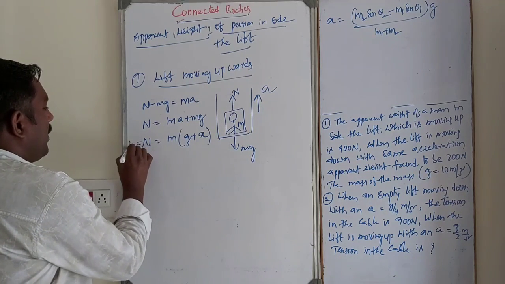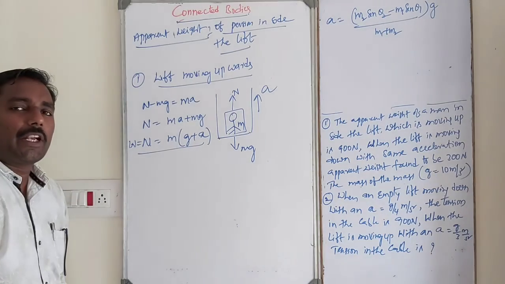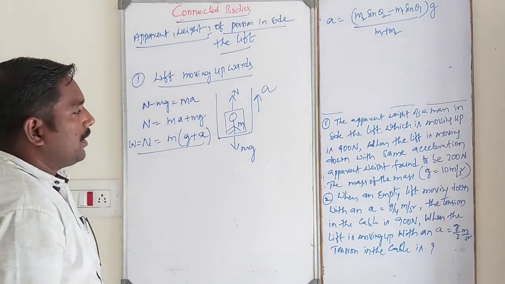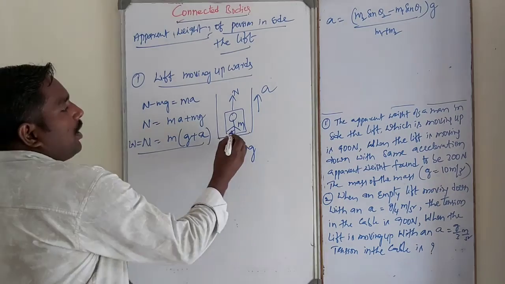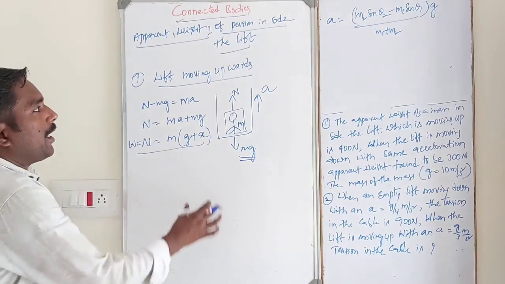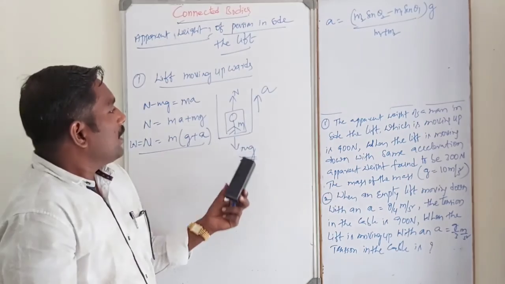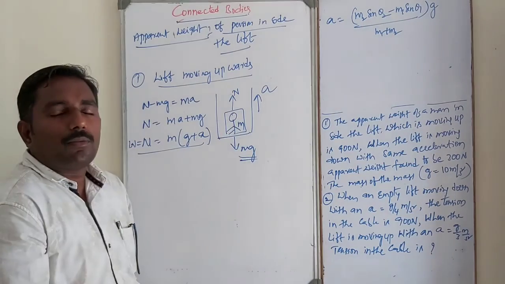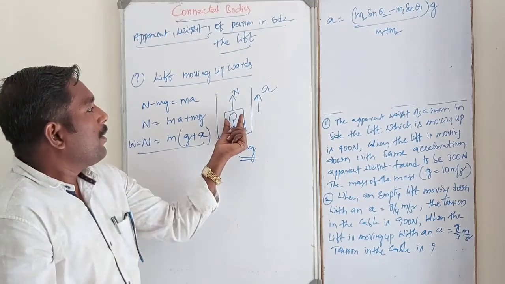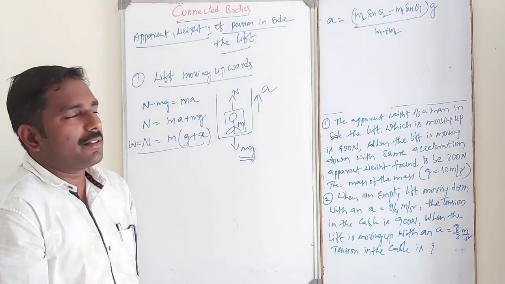So the apparent weight is more than the actual weight of the body whenever the body is moving upwards inside the lift. The actual weight of the body is mg, and this gets added to, so in this case the apparent weight of the person inside the lift moving upwards is more than the actual weight. Suppose the weight is 60 kg, while going up he feels 65 kg.